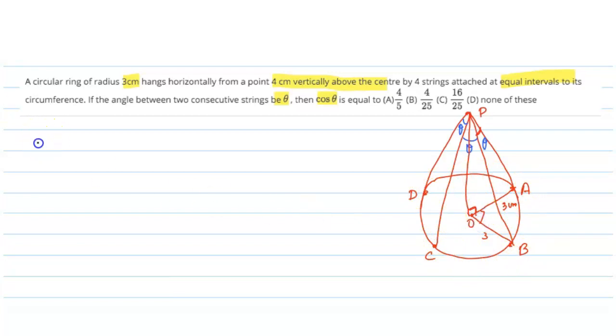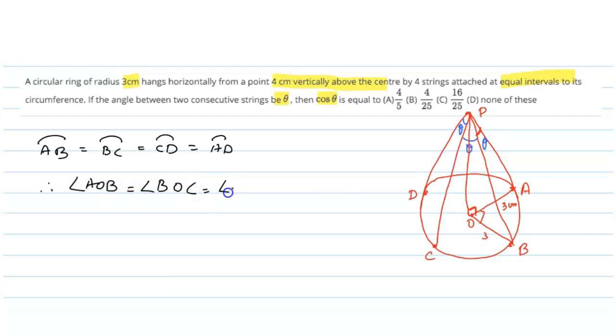It is given that arc AB is equal to arc BC, which is equal to arc CD and arc AD. So therefore angle AOB will be equal to angle BOC, equal to angle COD, equal to angle DOA, that is equal to 90 degree.